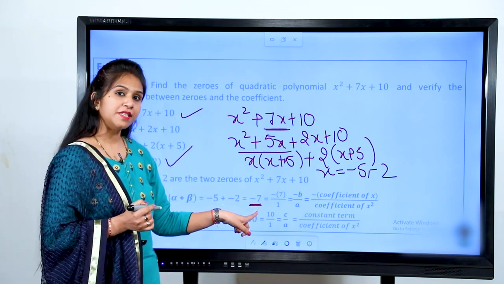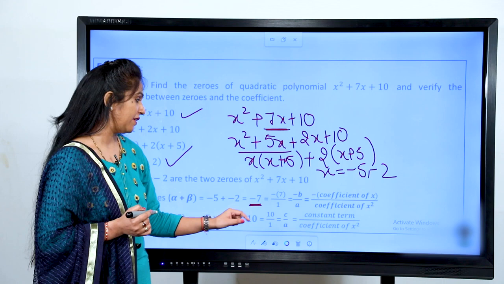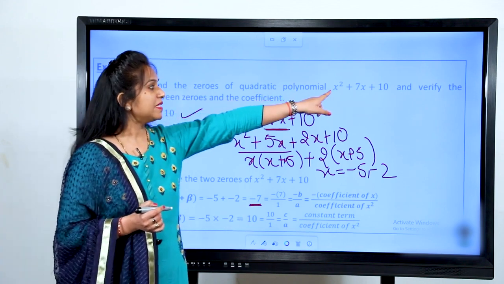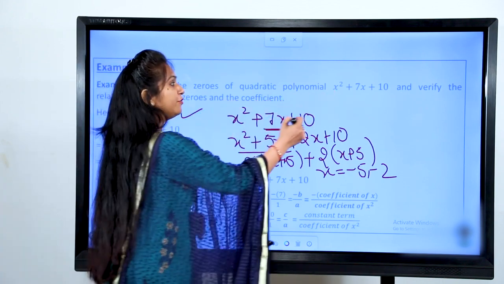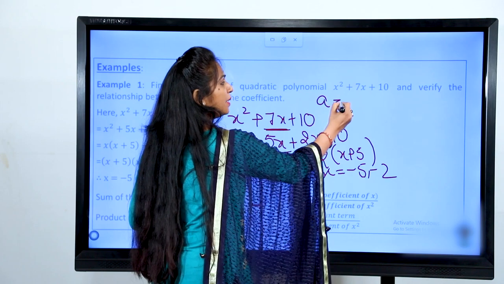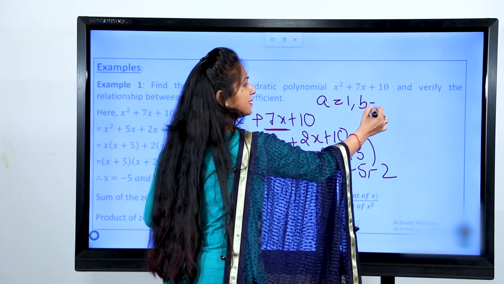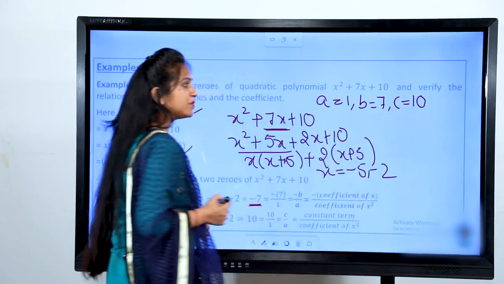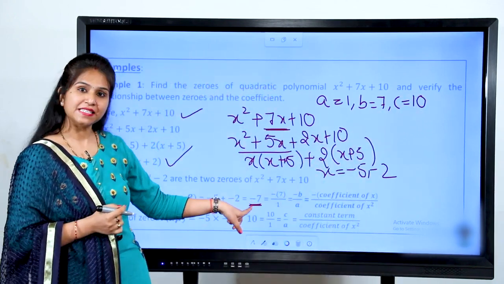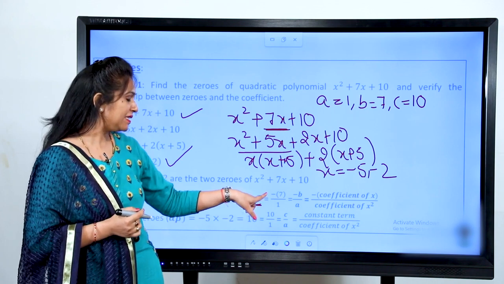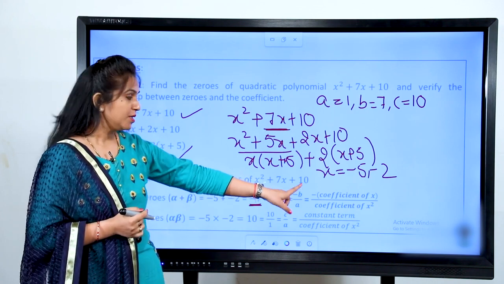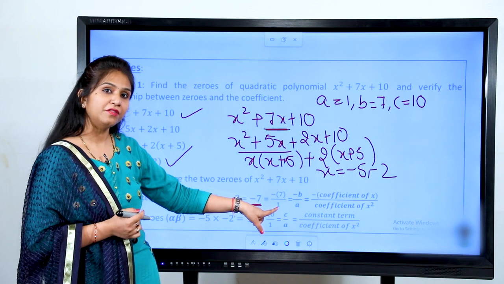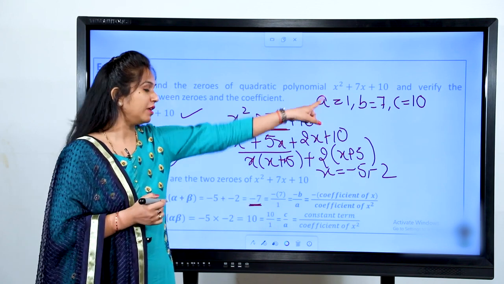Now let us come back to this point again. Here the sum of zeros we are getting is minus 7. If you compare this with the standard form, what is the value of a here? Here a is 1, b is 7 and c is equal to 10. So we have minus 7, which means it is minus b, and in the denominator we have 1, the value of a.